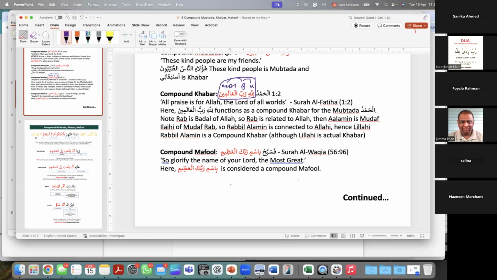You understand this, everyone? MashaAllah. So this is also a chain, and we have done it. This is connected to that, and this is connected to this. Okay, all done. Now, next one.